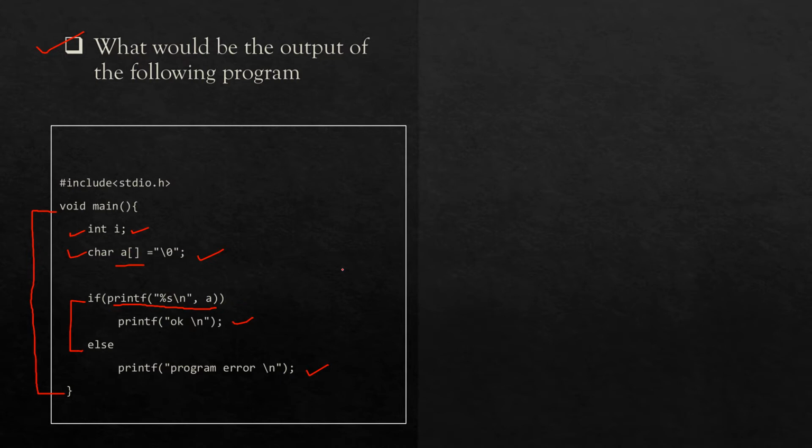So we know that other than 0, whatever we put here will be considered a true statement. So in this case, the if condition will be met, or this will give you a true value, and for this it will go to this statement.